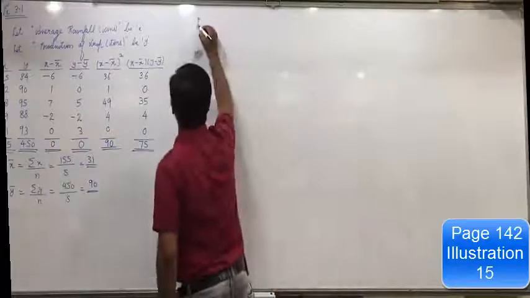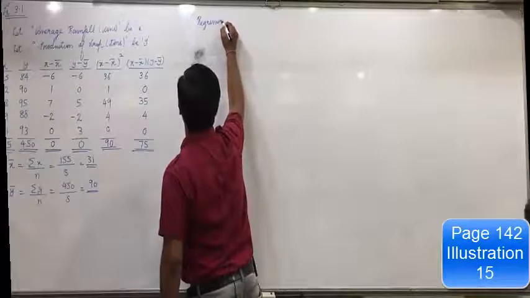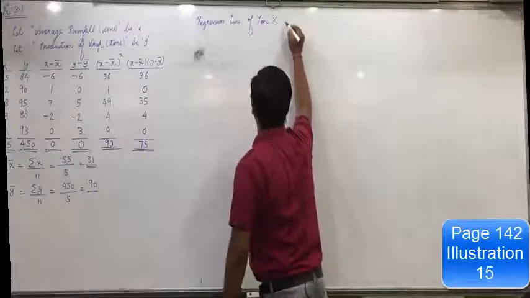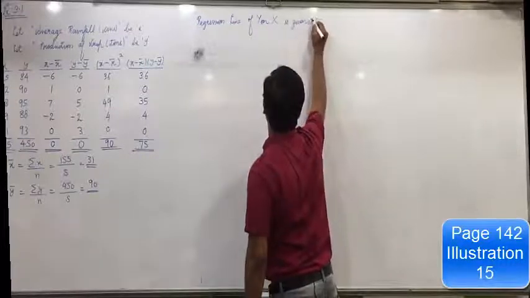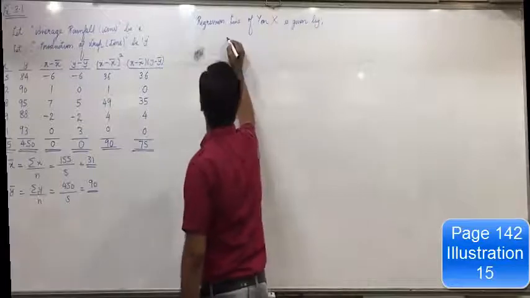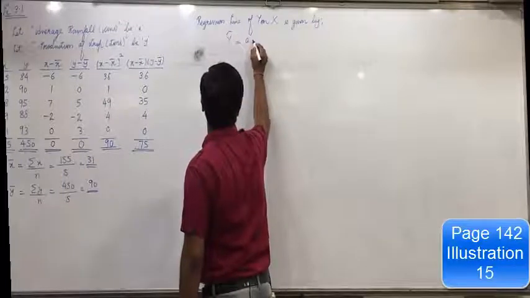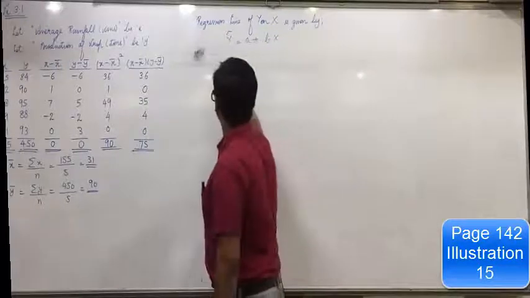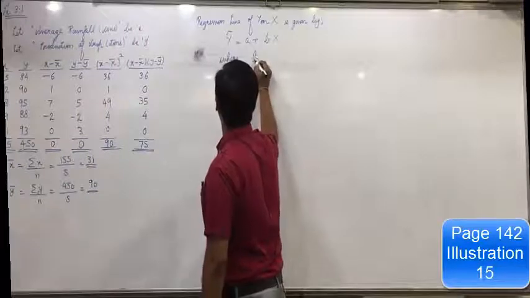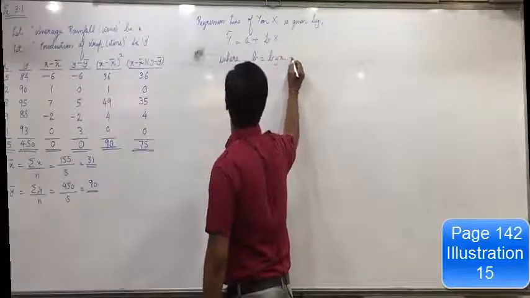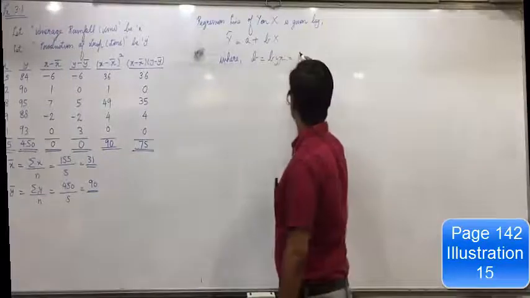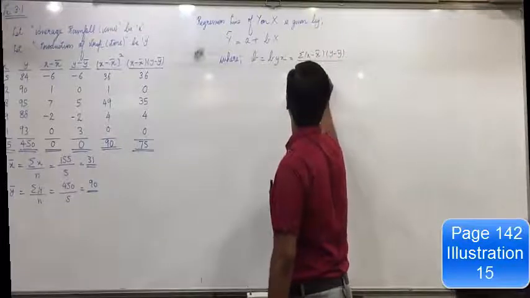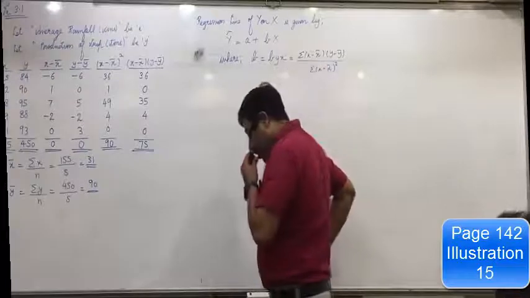The regression line of Y on X is given by Y cap equals a plus bX, where b is byx equals sigma X minus X bar into Y minus Y bar whole upon sigma X minus X bar whole square.